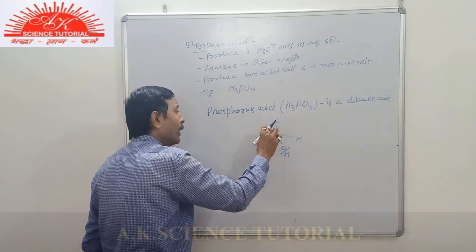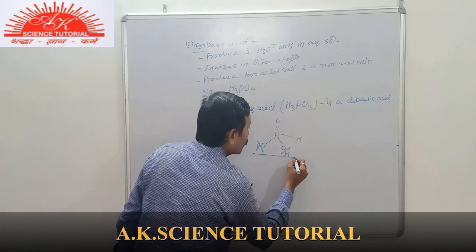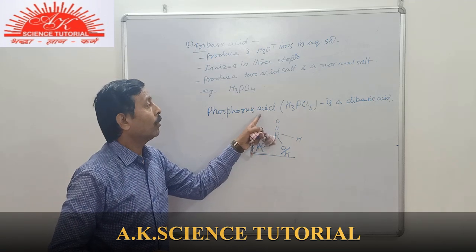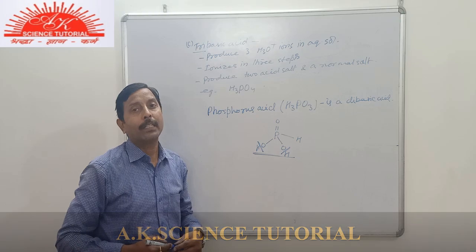The hydrogen bonded with phosphorus does not ionize. So one molecule of phosphorus acid produces only 2 hydronium ions. So although it contains 3 hydrogen atoms, it is a dibasic acid.